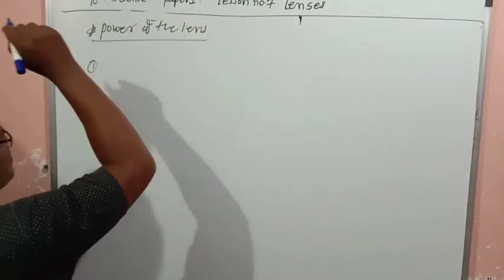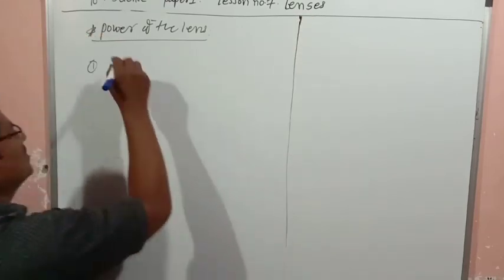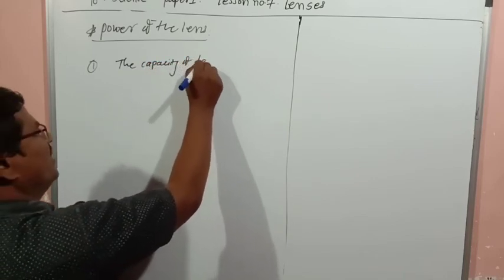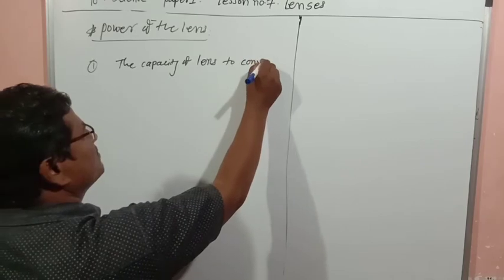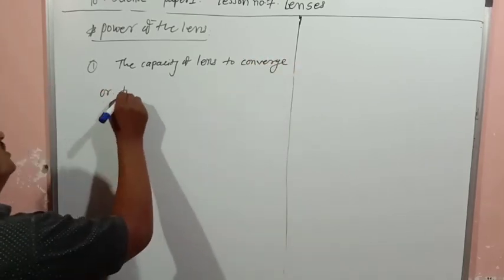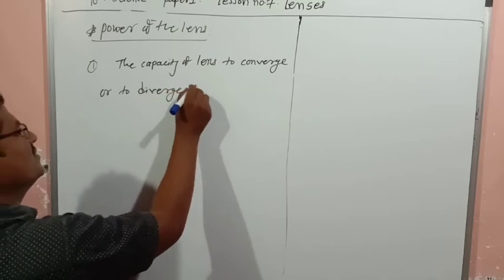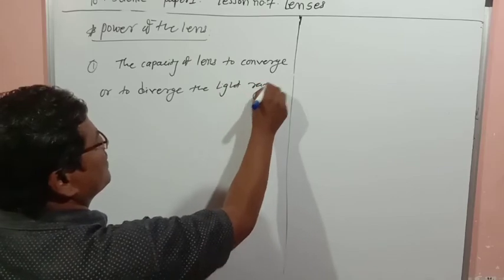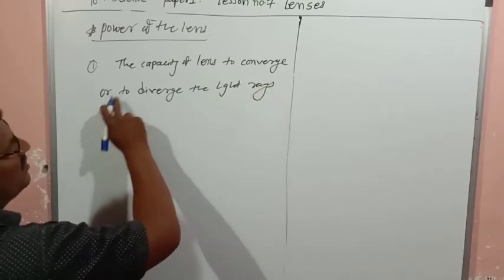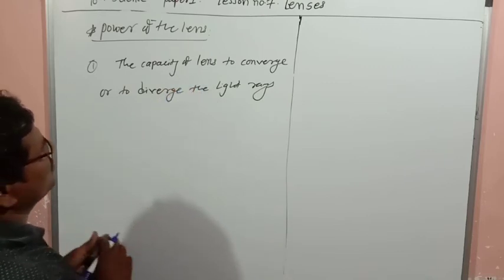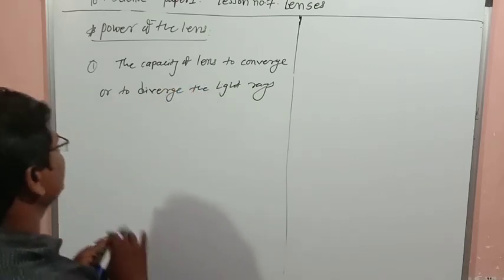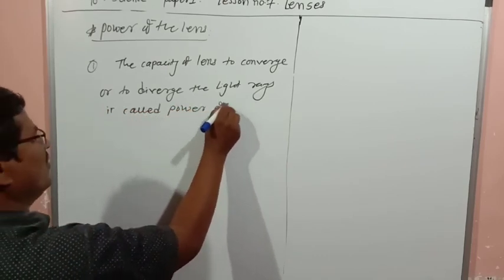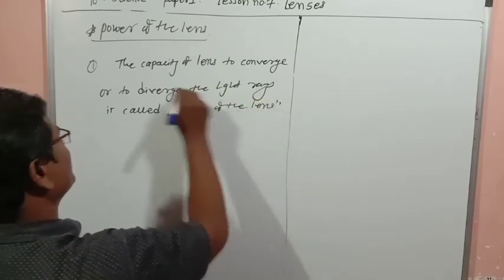So first point is there, the capacity of lens to converge or to diverge the light rays is called power of the lens.